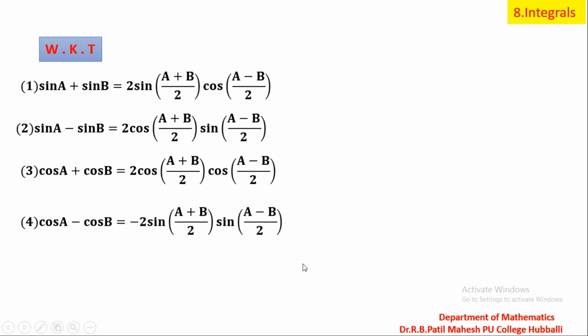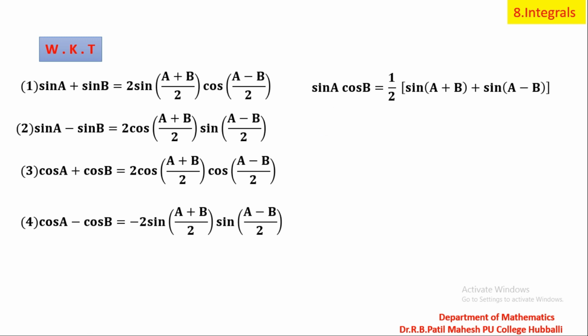Dear students, using these 4 formulas, let us extend the formulas. Number 5, sin A cos B is equal to 1 by 2 square bracket sin of (A plus B) plus sin of (A minus B). This comes from formula number 1.